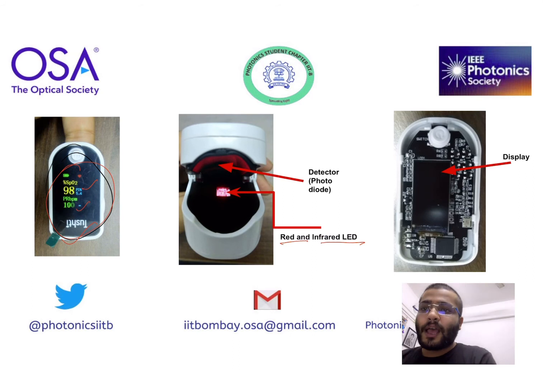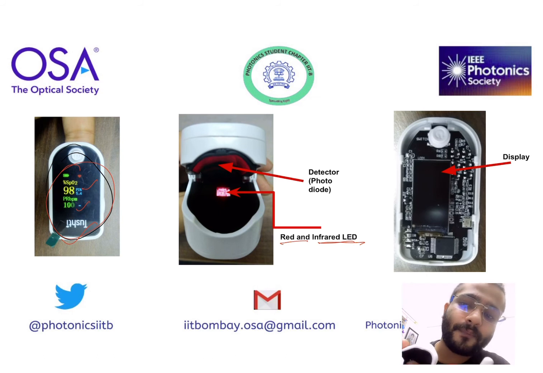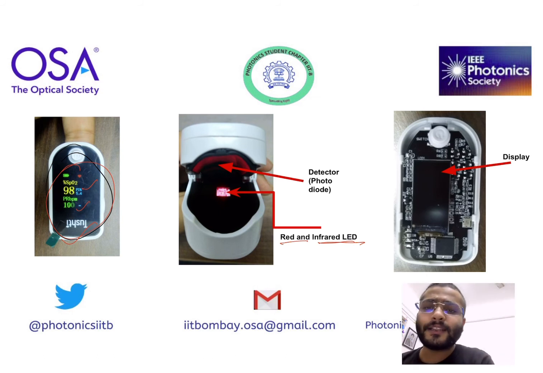There is an infrared LED also, but we cannot see infrared light with our bare eyes. So it has LEDs of two wavelengths, approximately 650 nanometer, and the other in NIR, approximately 950 nanometer. The second part is the detector, somewhere here on top, which will detect the light.